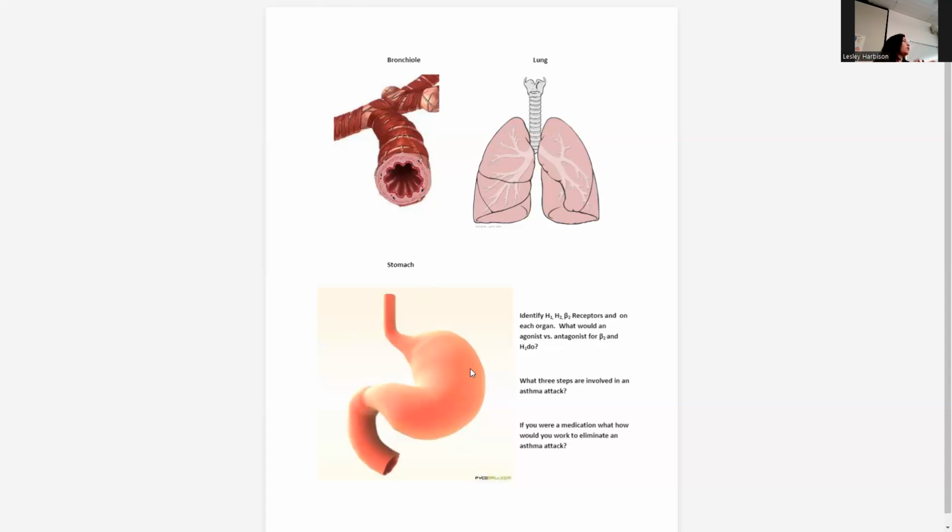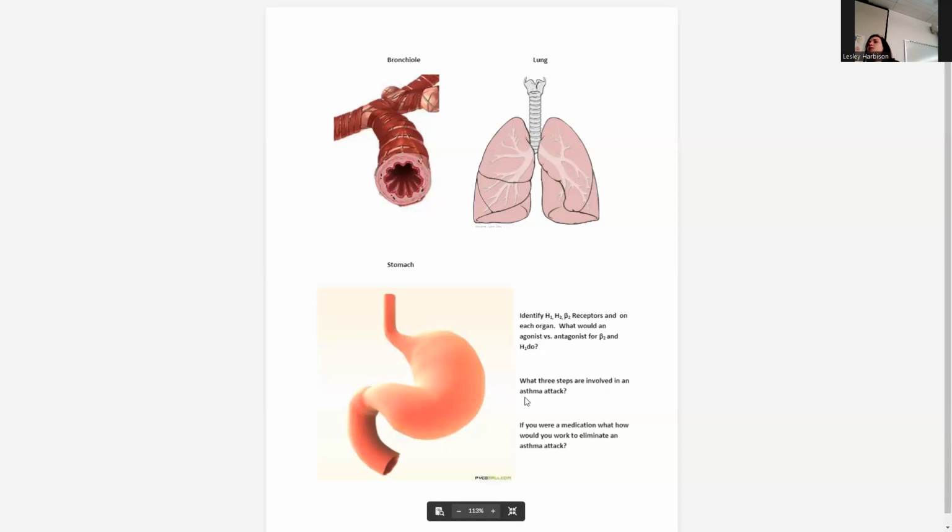You can put this in with your packet of study guides, but answer these questions about the bronchioles and the lungs in relation to asthma. This is material you need to know for the quiz and exam. Identify the receptors H1 and beta 2. You can ignore H2 on each organ. Would it be an agonist or an antagonist for beta 2 and H1, and what would it do?